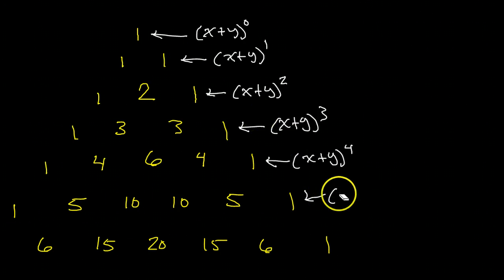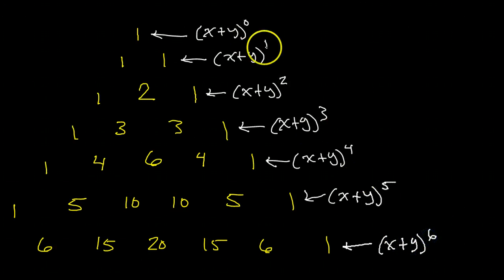Sometimes it's hard for me to talk and write at the same time. And these would be our coefficients for the sixth degree: 0, 1, 2, 3, 4, 5, 6. And we could go on from there higher and higher, the 100th degree, whatever you want. But this will surely be enough for our purposes today.